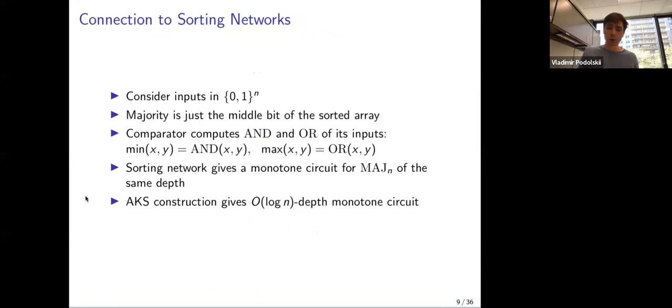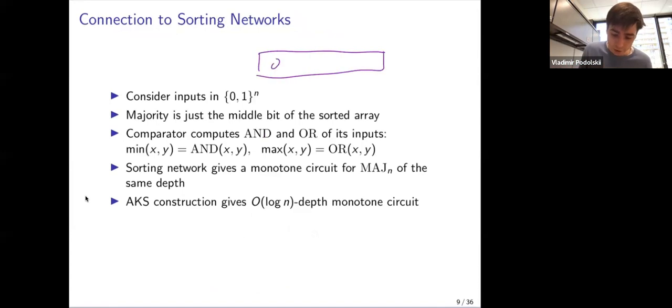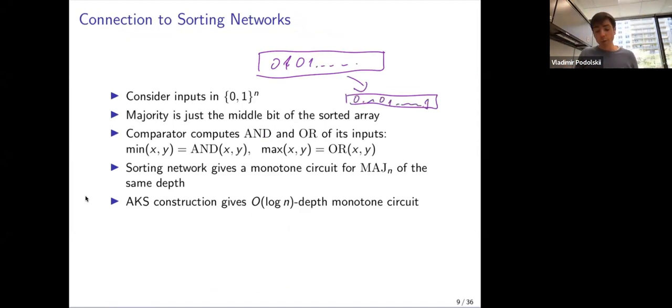If we take arrays of zeros and ones and sort them, there are zeros in the beginning and then ones after that. So it's easy to tell whether the number of ones is greater than half or not. We just check the middle bit. If it is 1, then there are more ones. If it is 0, there are more zeros. So the majority is just the middle bit of a sorted array.